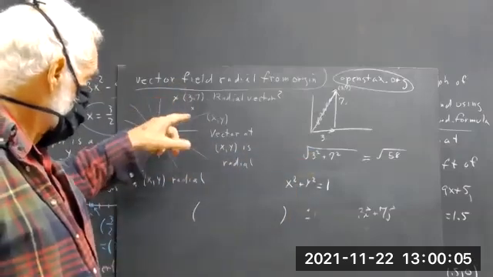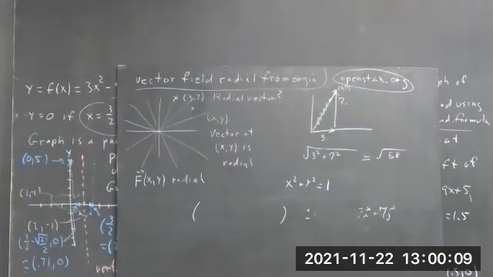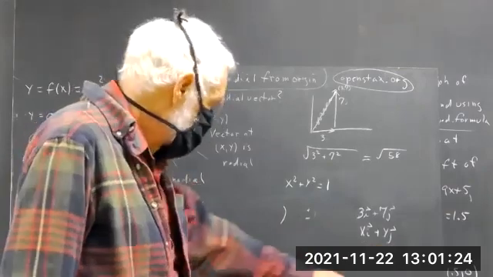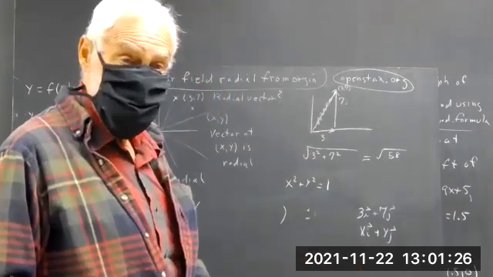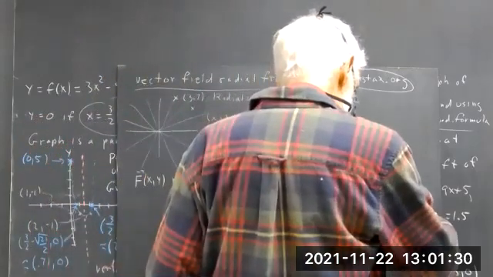Now, how would you do a radial vector at x, y? Let me pause here and then you get back up to the board. Now we've conjectured that xi plus yj is radial. I didn't really do a picture and didn't really prove it, but it's real easy to picture.